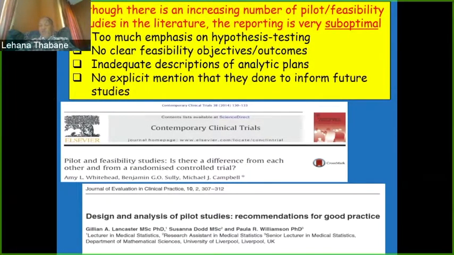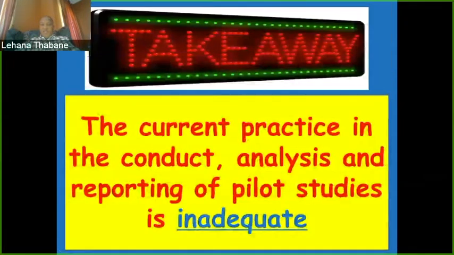And there's not even a mention in many of these studies as to whether they're being done to inform the design of future studies. So overall, the message is that the practice is terribly inadequate in terms of how we use the term, whether they mean the same thing or different things, and how we go about reporting the results of pilot or feasibility studies. And the editorial policies are all over the place if they ever exist. In many cases, they don't even exist.